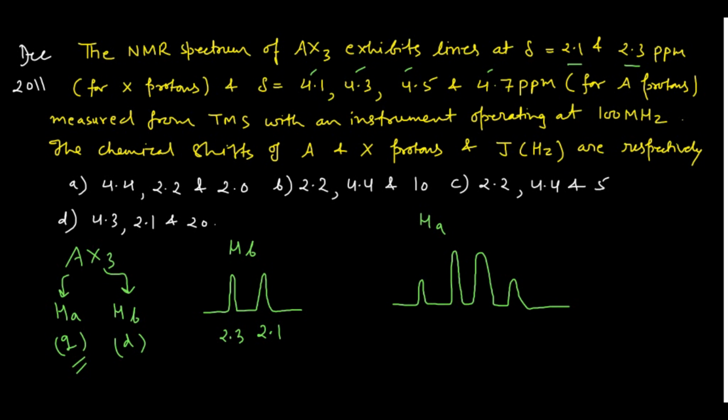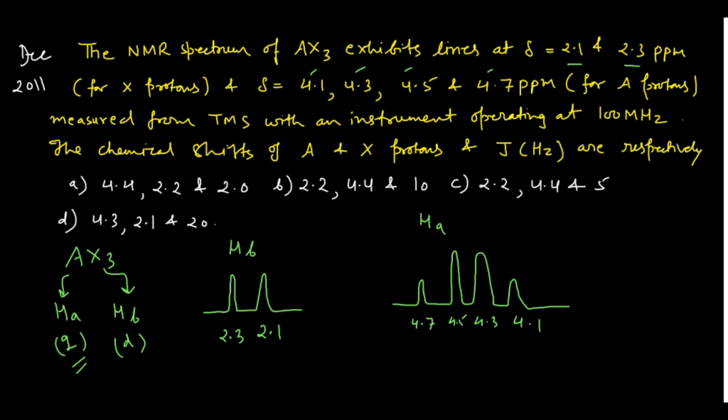The chemical shifts given are 4.1, 4.3, 4.5 and 4.7, so you can write the chemical shifts also. Always start the lower value from the right-hand side whenever you assign things.